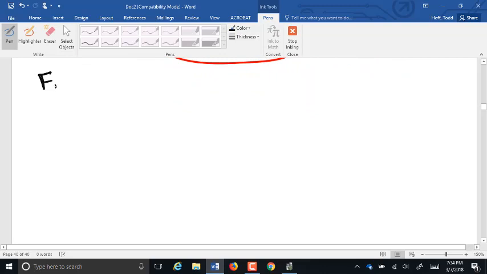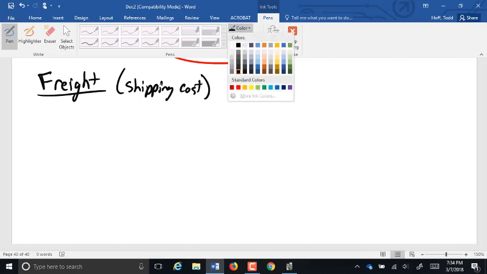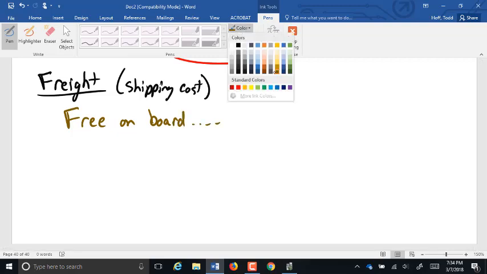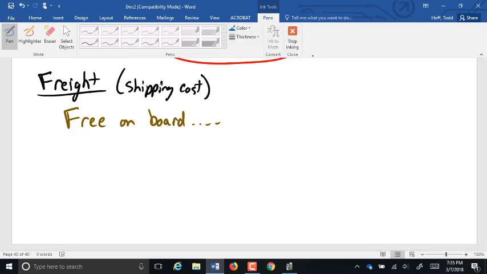Okay, well, our next piece of information is freight charges. In other words, shipping costs. There are two terms that come into play with shipping costs. Both of them start with the phrase free on board. Free on board is specifying which one does not pay.